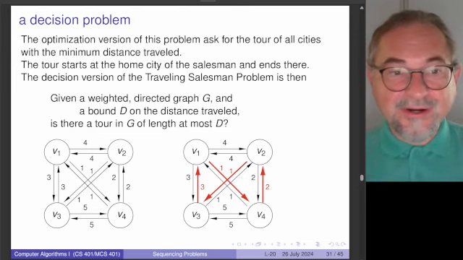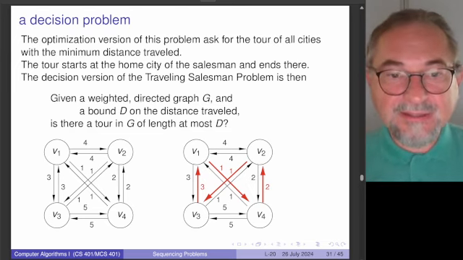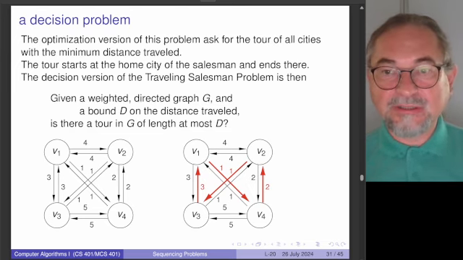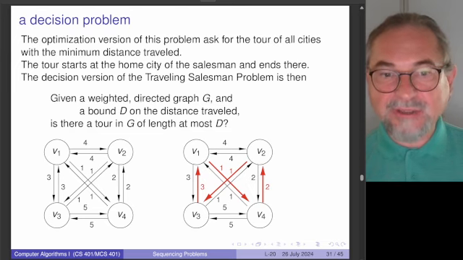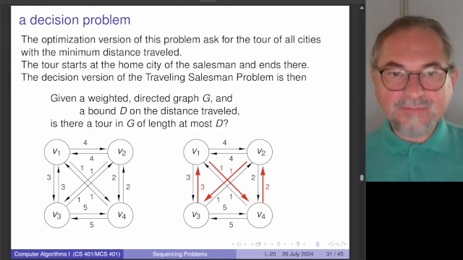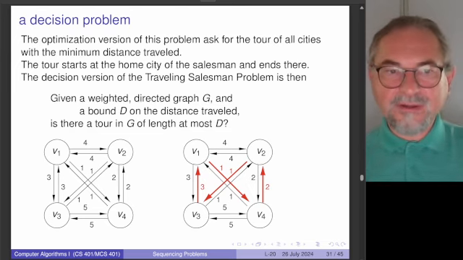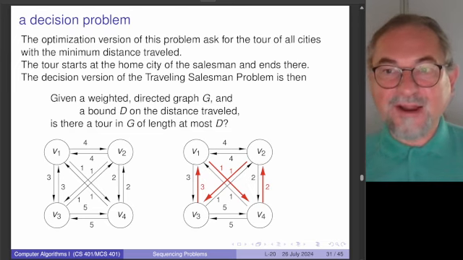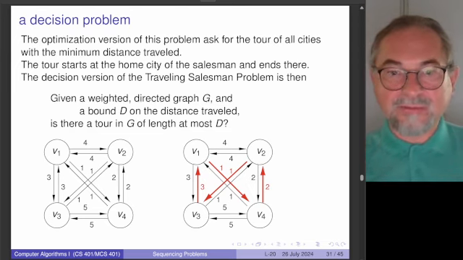So here for our running example, we see that there is a tour visiting all the 4 cities where the sum of the distance traveled along the edges equals 7. So if you give this graph on input to our algorithm, which decides the traveling salesman problem, along with the bound 7, you will have the answer yes.